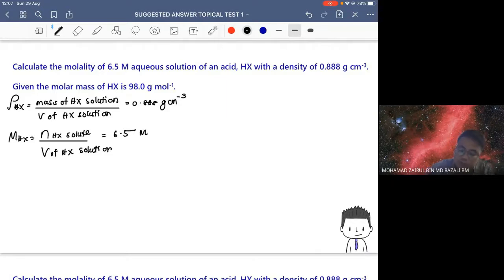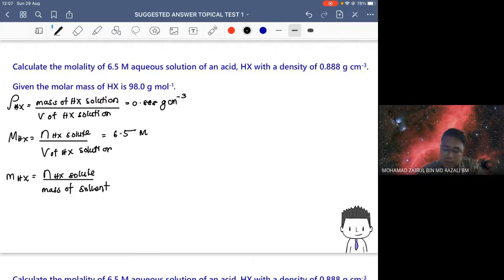Okay, now the question want you to find the molality of HX. And the molality is equal to mole of HX solute divided by the mass of solvent.